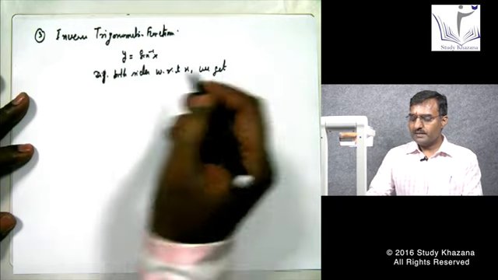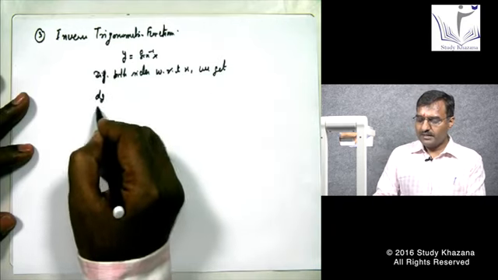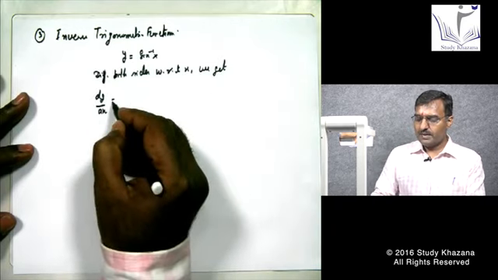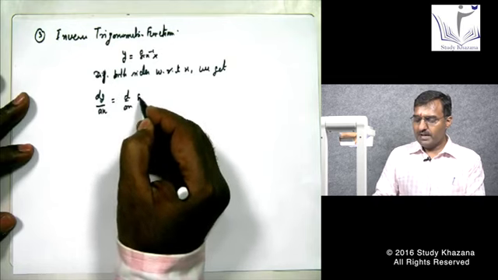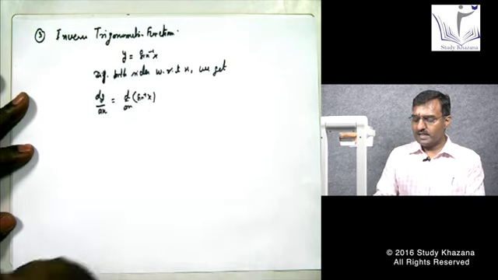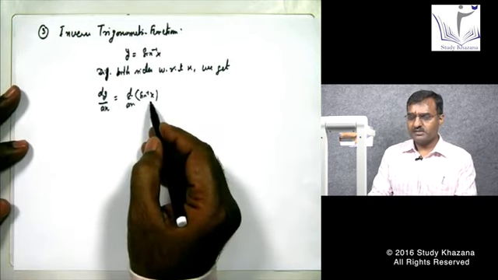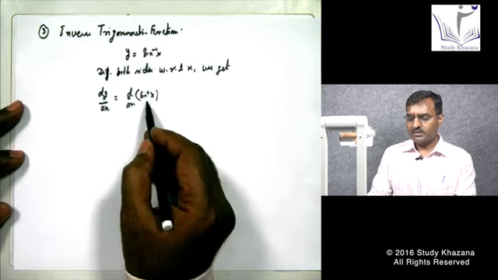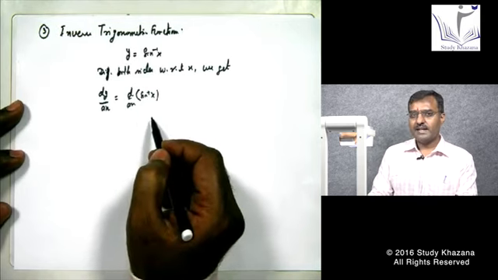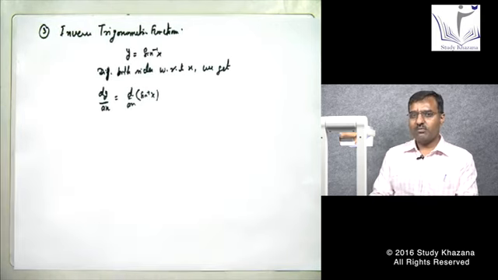Now we get dy by dx equal to d by dx of sine inverse x. Now if you see the sine inverse x, I cannot write the direct formula here, so I have to find the derivative.